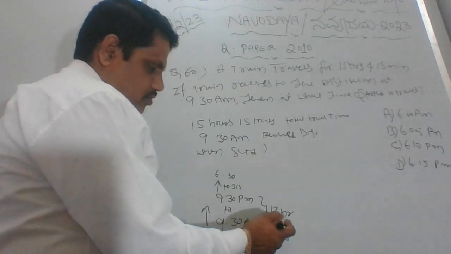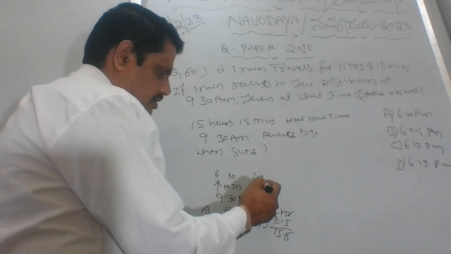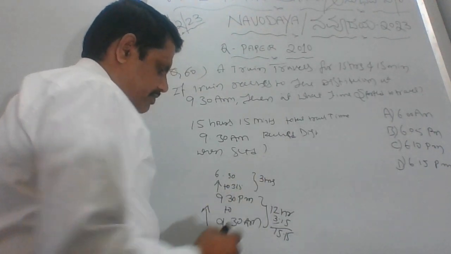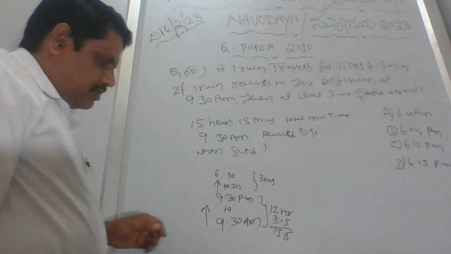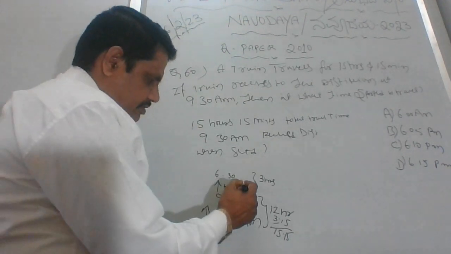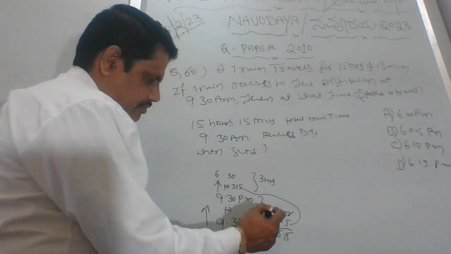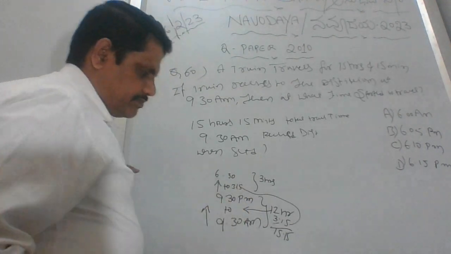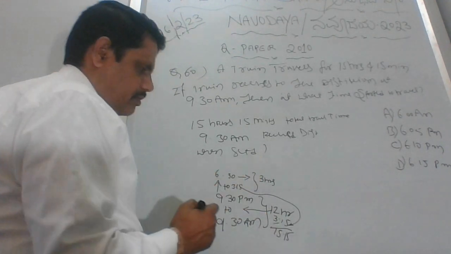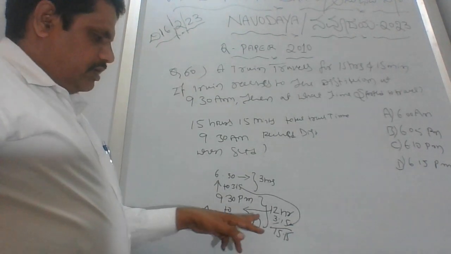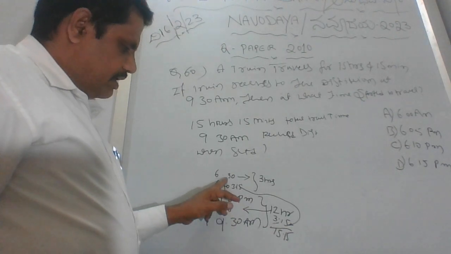Here 12 hours is over. Here 3 hours is over. I'll explain this once again. Just concentrate. So here 12 hours is over, and in the 3 hours we have come back.